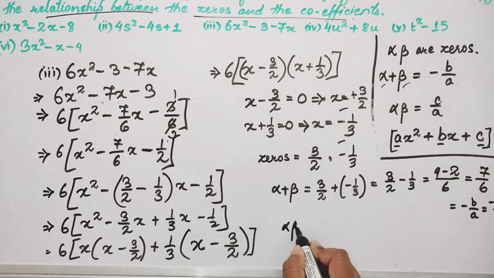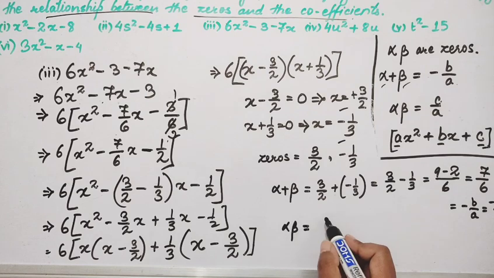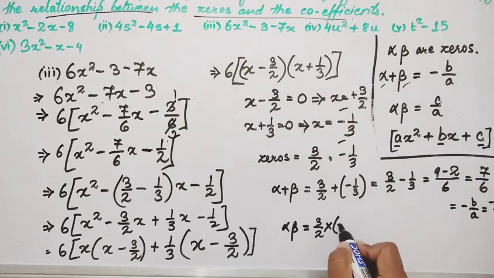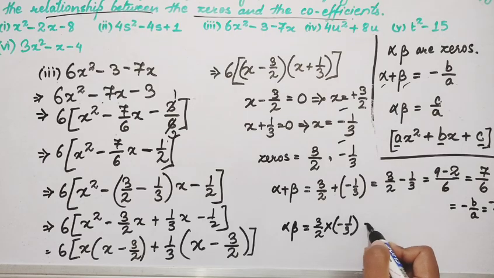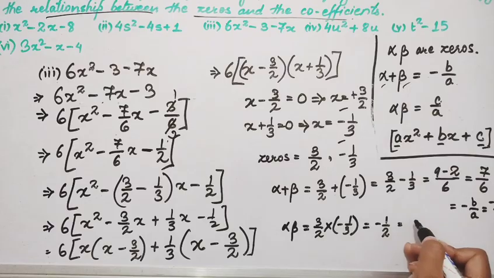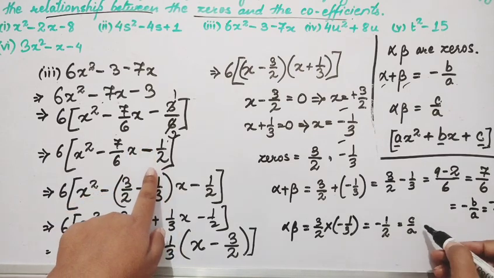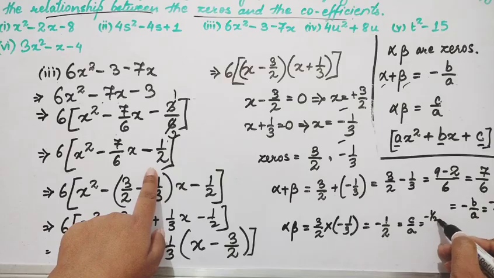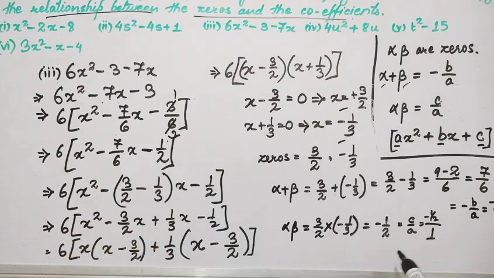Next we will verify alpha beta equals c by a, which is 3 by 2 into minus 1 by 3, that is minus half, which is c by a. And in this case, c is minus half, and a is 1. So here we verified both the relations.